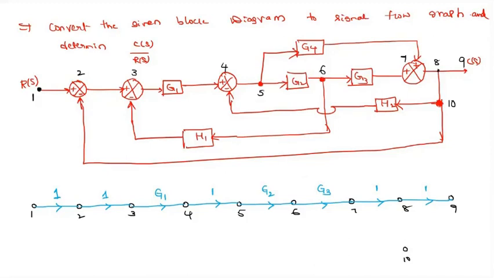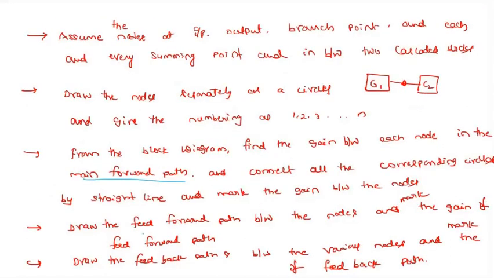Here we have G4 as the feed forward path, which starts from 5 and is directly connected to 7. So I connect 5 to 7 like this, with the direction towards 7. Its gain is G4. Mark the gain. Now, what is the fourth point?